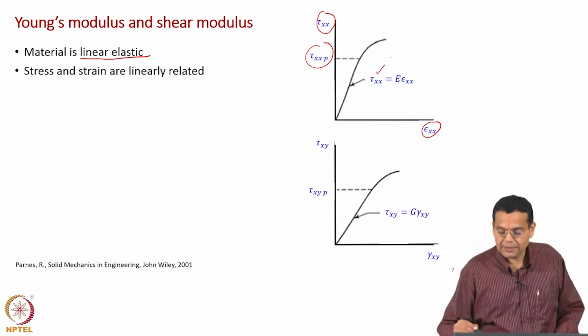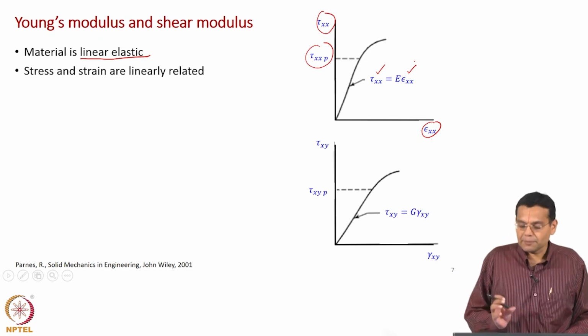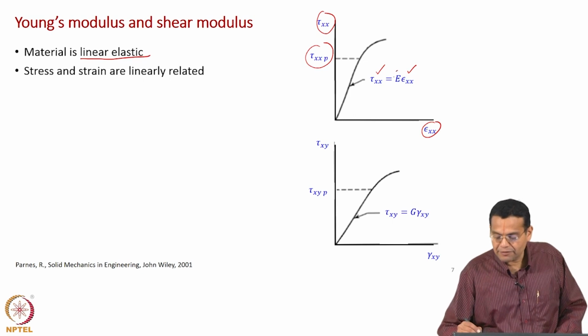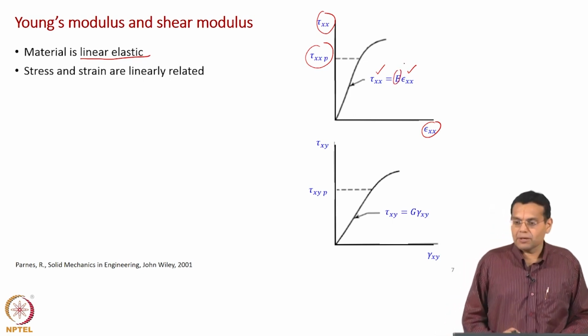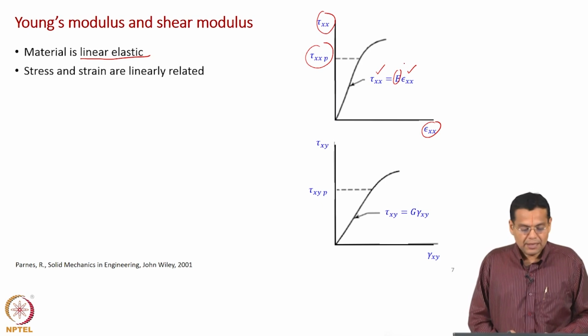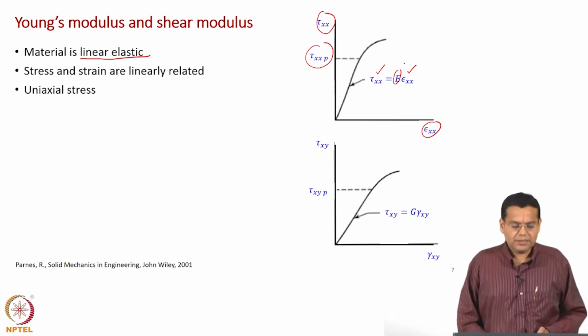For example, in this case linear, tau xx is proportional to epsilon xx, and the proportionality factor is the Young's modulus, which is E, but how do you determine this is by experimentation. We are not going to predict Young's modulus, we are going to experimentally determine Young's modulus. So let us see how we do this.